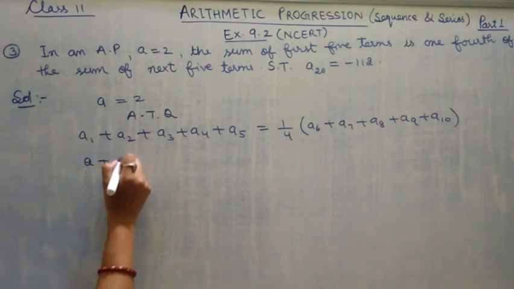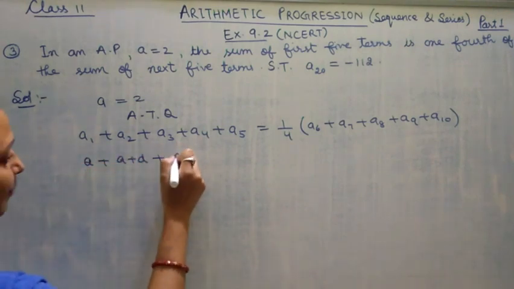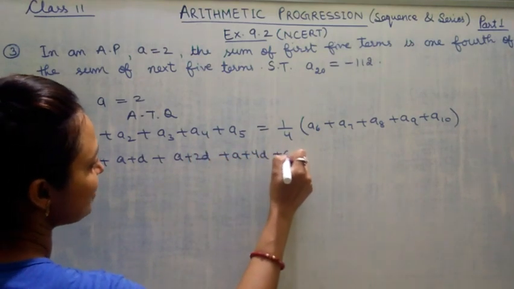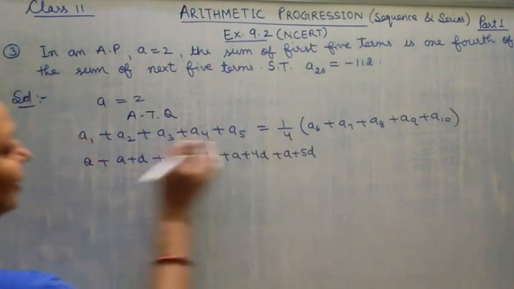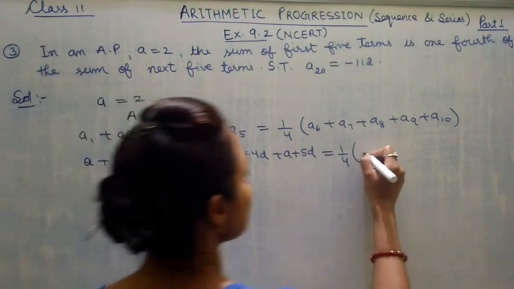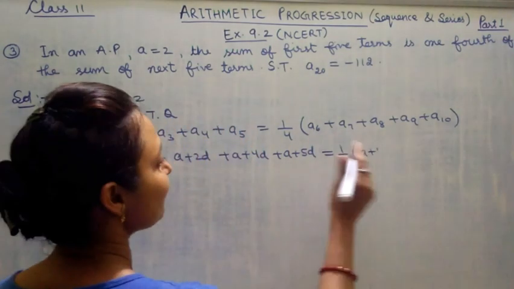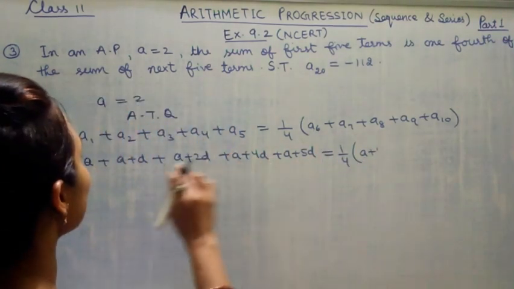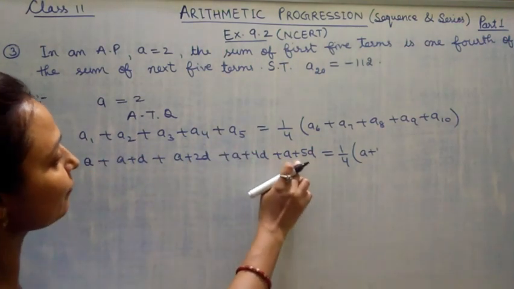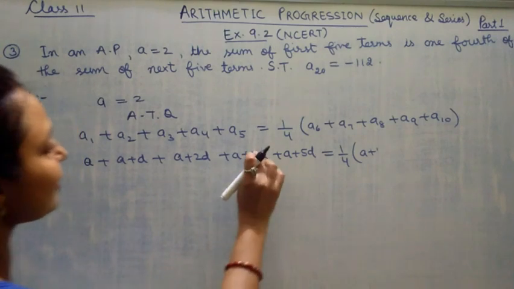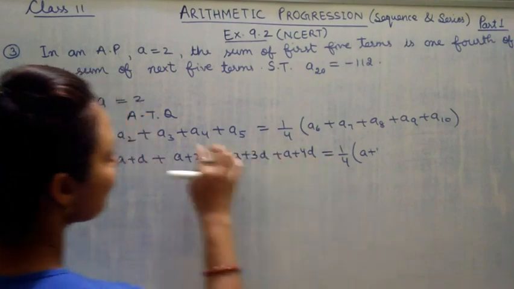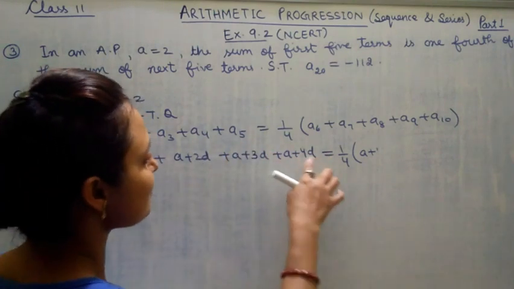First is a, this is a plus d, this is a plus 2d, this is a plus 3d, this is a plus 4d. One thing is wrong, there is a 3 and 4, right? Because a4 is 1 reduced and this is 1 reduced.